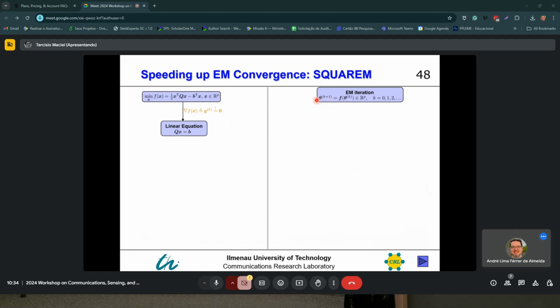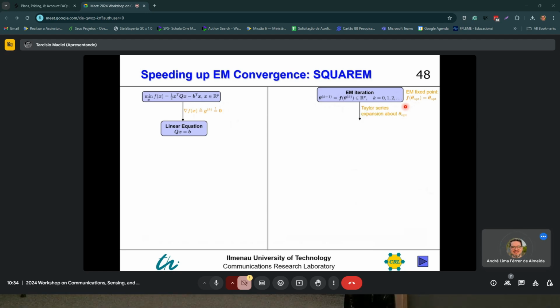We have the parameter vector at iteration k plus 1, and this is just a mapping f that moves it from iteration k up to k plus 1. What we want to achieve is the optimal point, which is called the EM fixed point, at which point, when we apply one more iteration of EM, we don't change the solution.